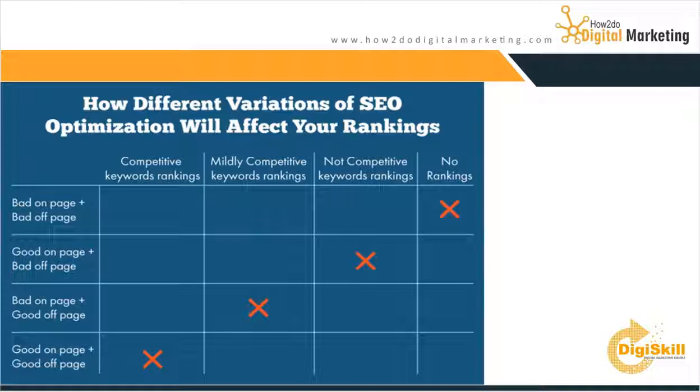And if you're bad on-page and bad off-page, you will obviously have no rankings. Google will simply crawl it, but it will not understand who you are, what you do, what you serve, what kind of solution you're providing. Google knows nothing about you. For Google, you are a question mark, and therefore Google will not be able to rank you, even if your solution is the best.